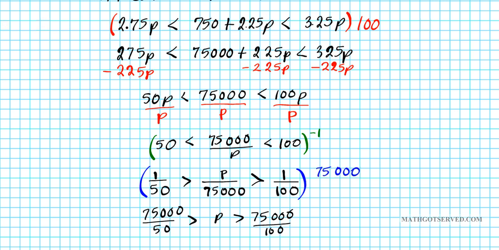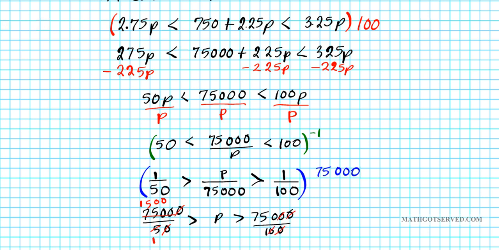Just reduce it. On the left side, 5 goes into 7,500, 5 goes into 7 once, carry 2, 5, 0, 0, 1,500. And over here, just cancel out the zeros, and you have 750.